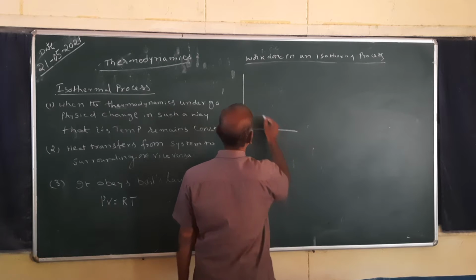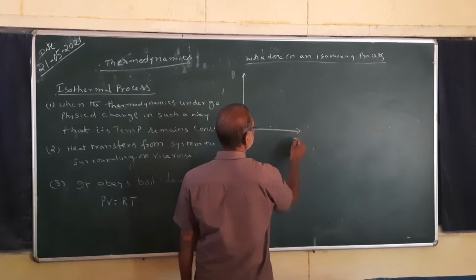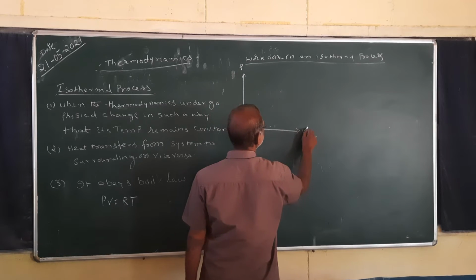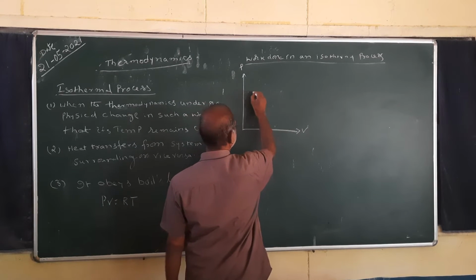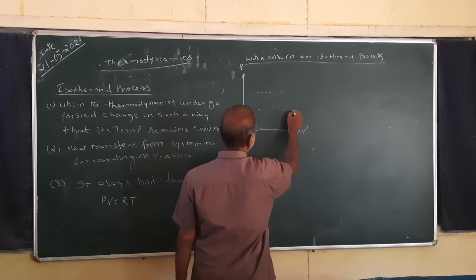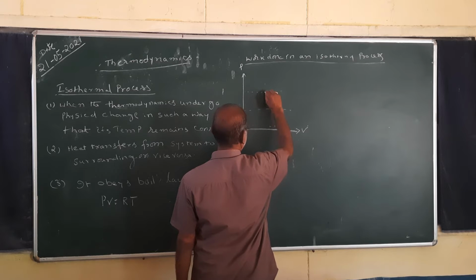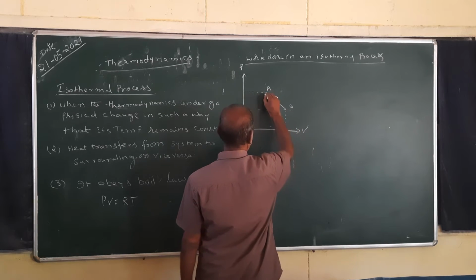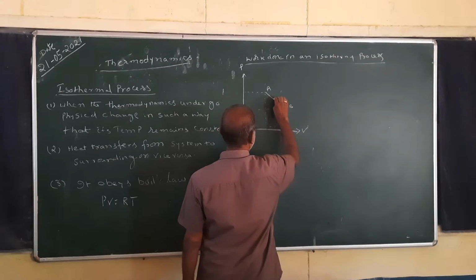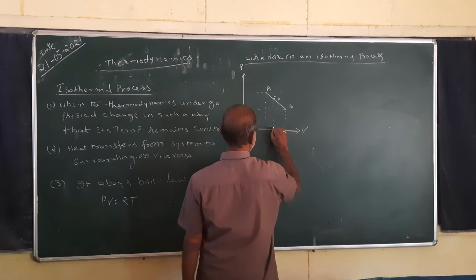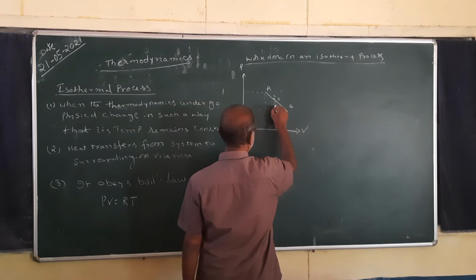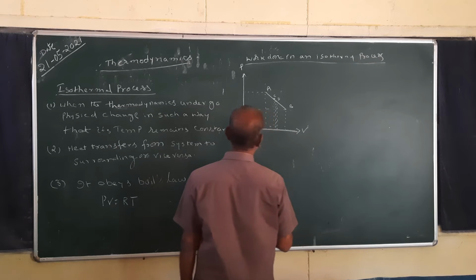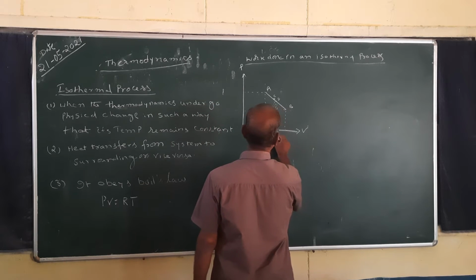The graph between pressure and volume. Here are two points, A and B. On the curve AB, two points C and D. This is equal to dV.